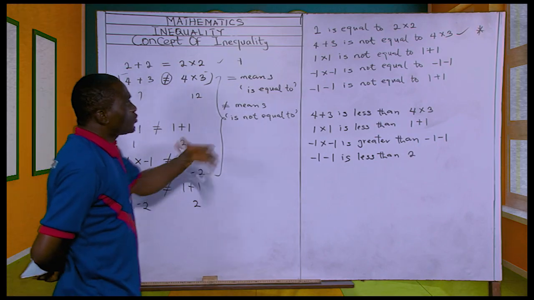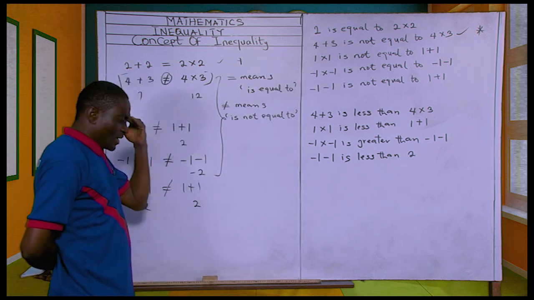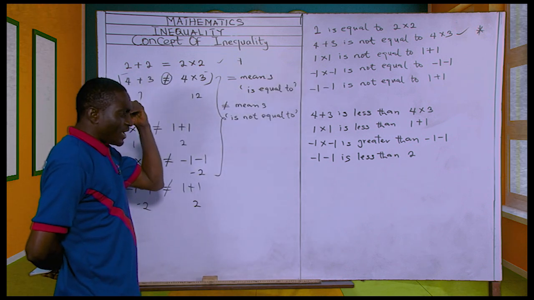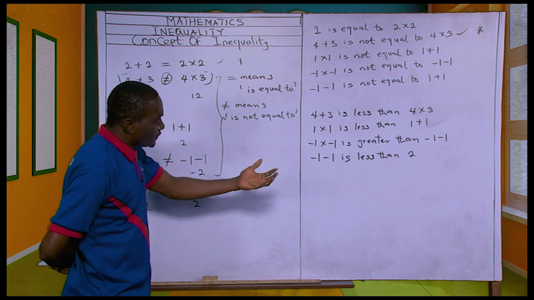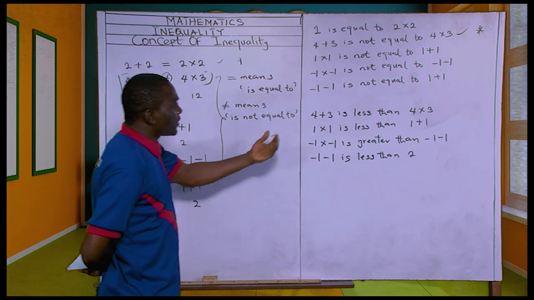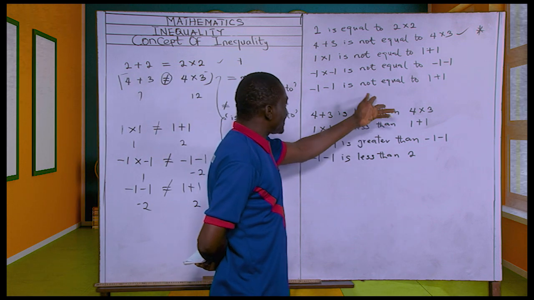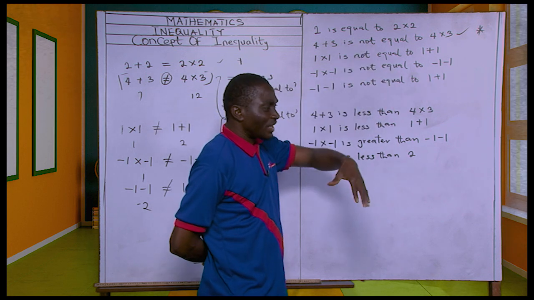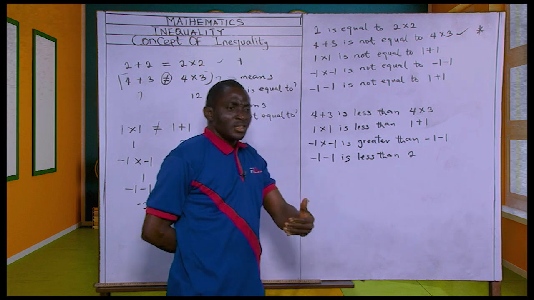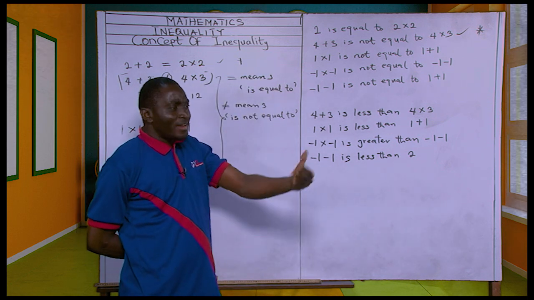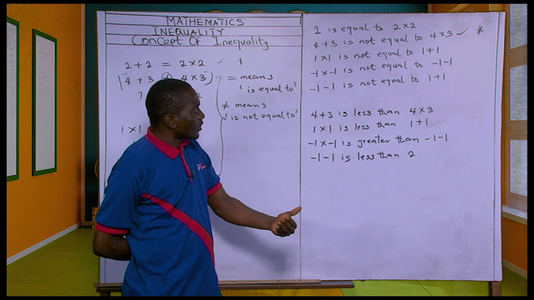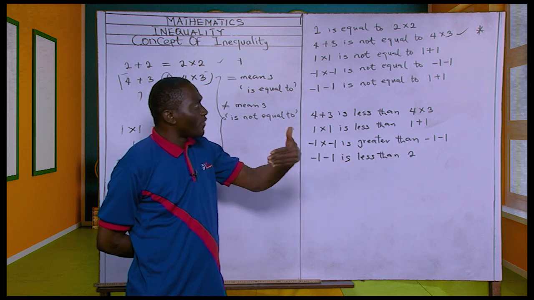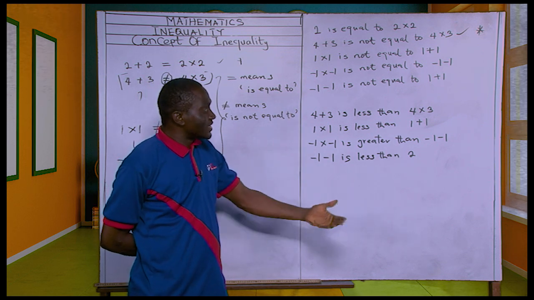Now, from what we have written here, mathematicians later thought that instead of writing less than, greater than, or not equal to in statements, why shouldn't we find symbols, a way of symbolizing these statements?